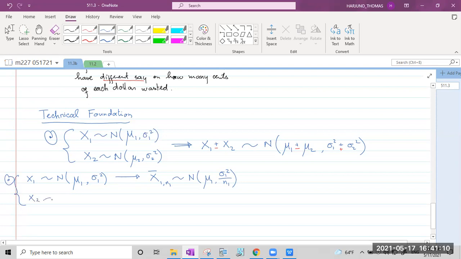Now for X2, if it is normally distributed with mean mu2 and variance sigma 2 squared, then the sampling distribution X bar 2 with sample size n2 will also be normally distributed with mean mu2, but the variance will be sigma 2 squared over n2. Now, what happens if we want to see how the sample means interact?